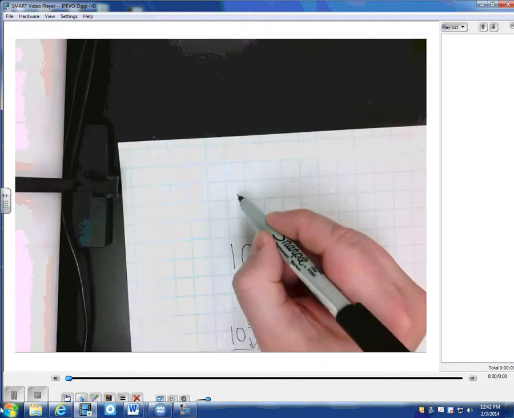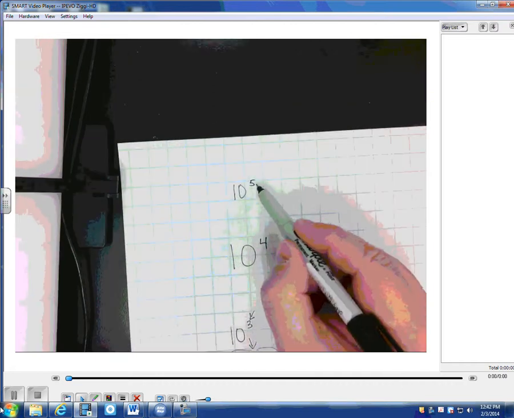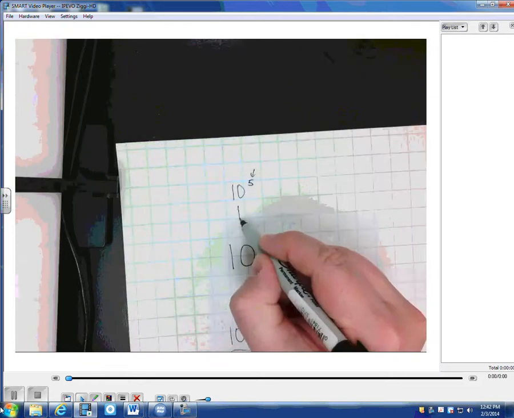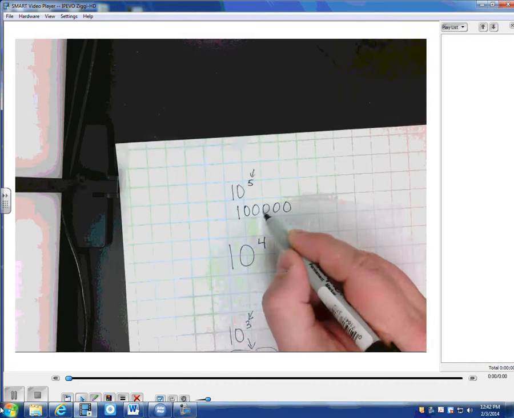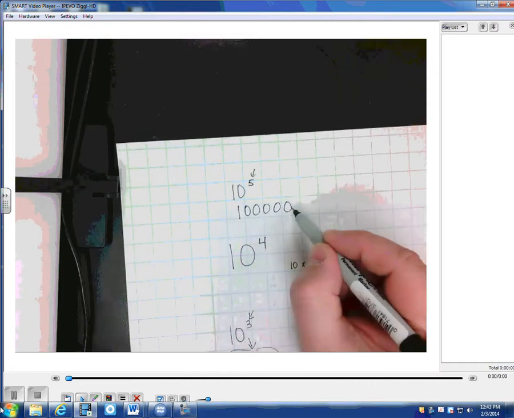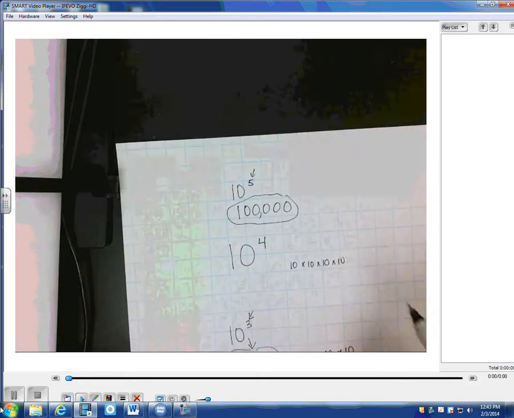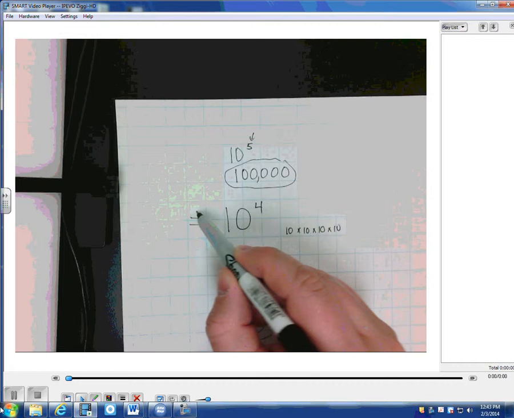If I had 10 to the exponent 5, I know I'm going to have 5 zeros in my answer. So it'd be 1 and 5 zeros. 1, 2, 3, 4, 5. So my answer would be 100,000. So you determine what the number would be for that one.